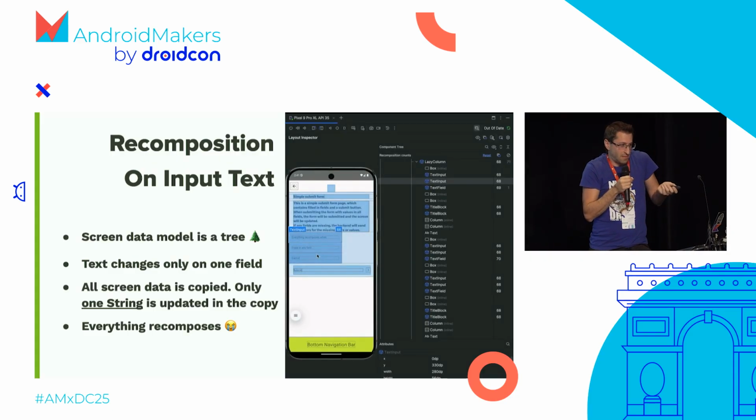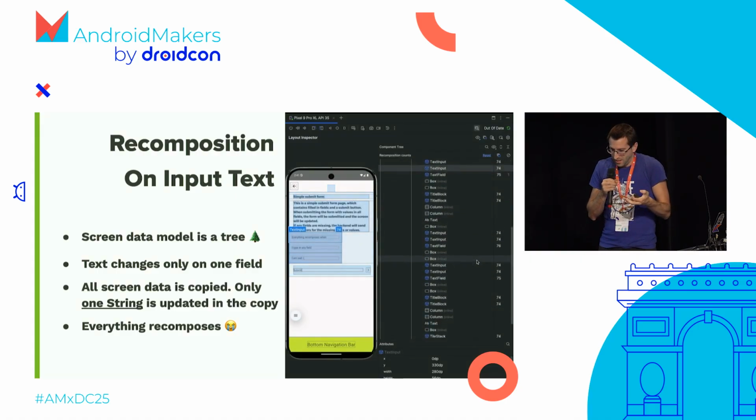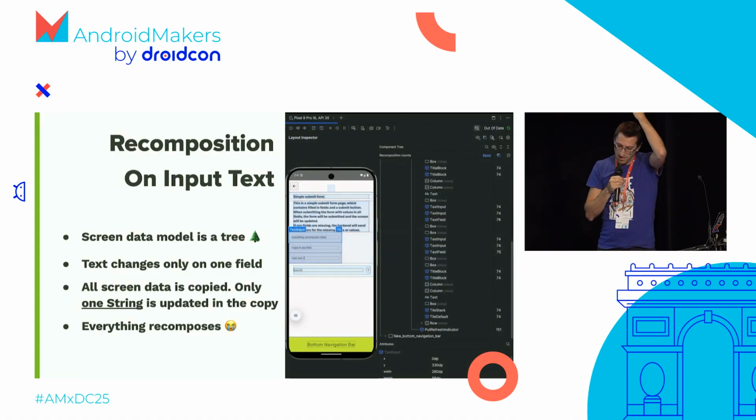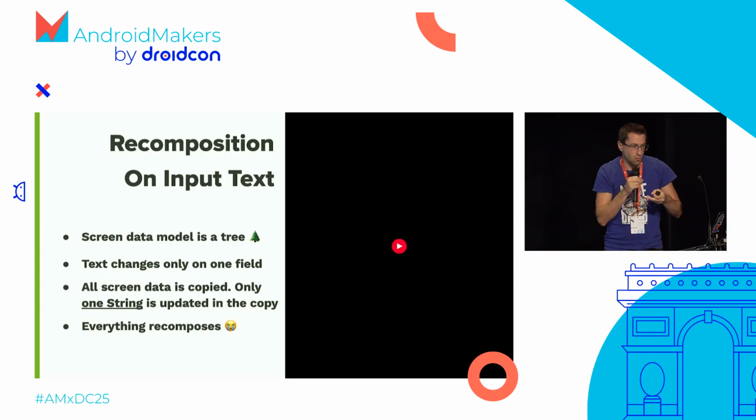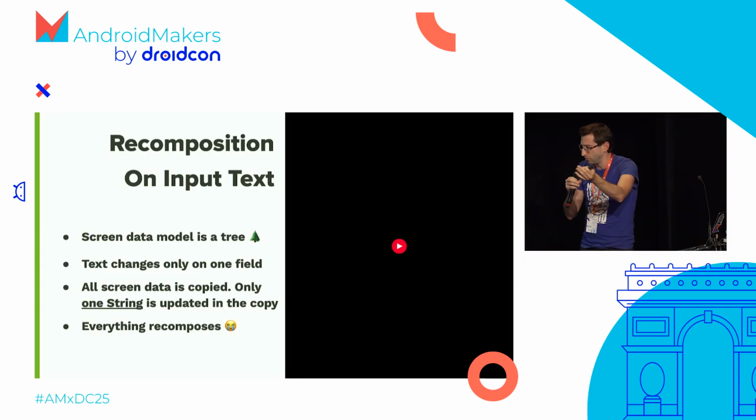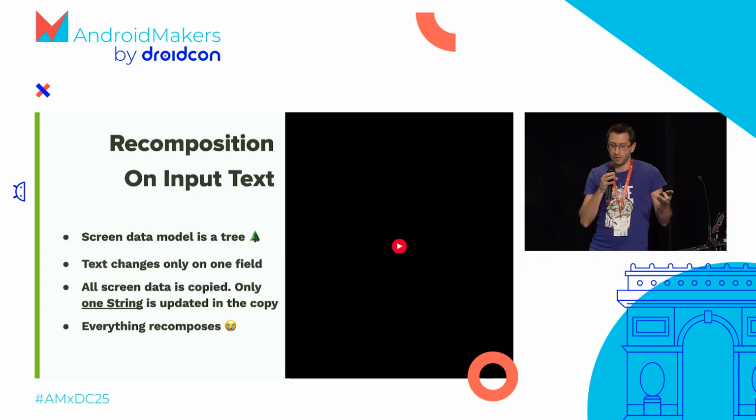So I don't know, we clearly have a problem here. You see 70-something updates on everything. But what is the problem? Why does everything recompose? And why is it not smart enough to detect what changed and what did not change?